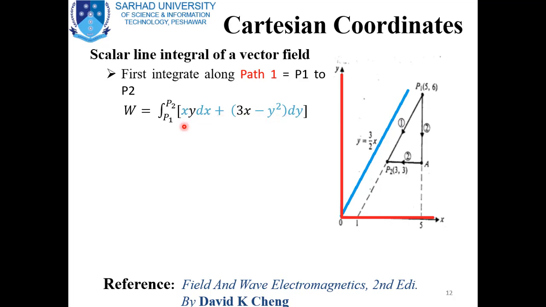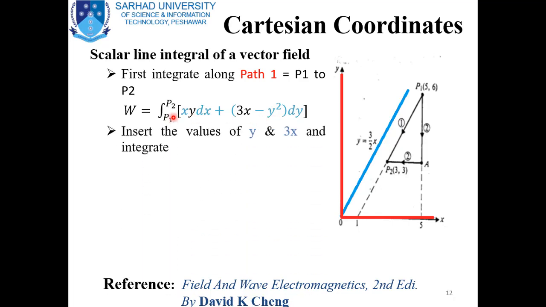And here the first term, which contains xy and dx, is an integration with respect to x, and we have elements x and y. So we will write the value of y. From the previous slide we have obtained the value of y and the value of 3x. So these terms will be only in pure form of x and y elements.